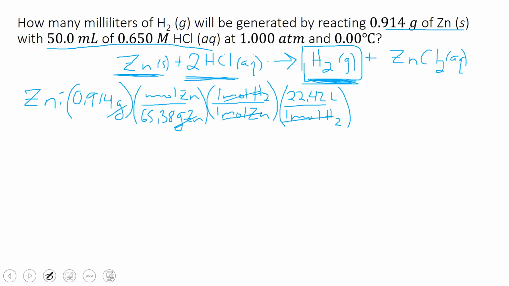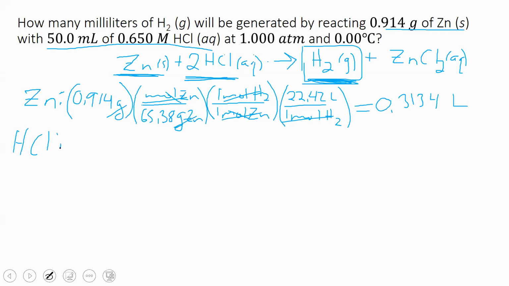We can track our units and see that we should be in units of volume, in liters, at the very end. If you do that calculation, we wind up with 0.3134 liters.